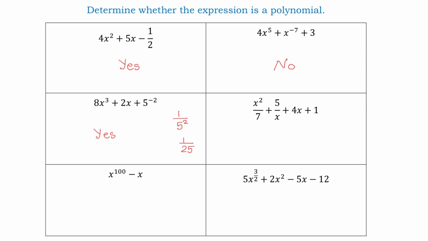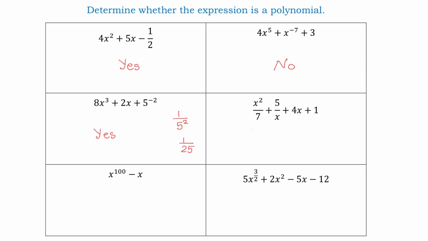The next expression is x squared over 7 plus 5 over x plus 4x plus 1. In this expression, we see x in the denominator. And if we move this x to the numerator, then the exponent will be negative 1.